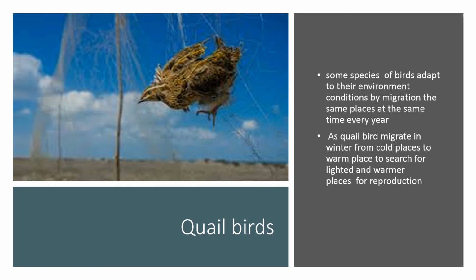Let's take an example about bird migration. It's the quail bird. The quail is a species of bird that adapts to its environment conditions by migrating to the same place at the same time every year.